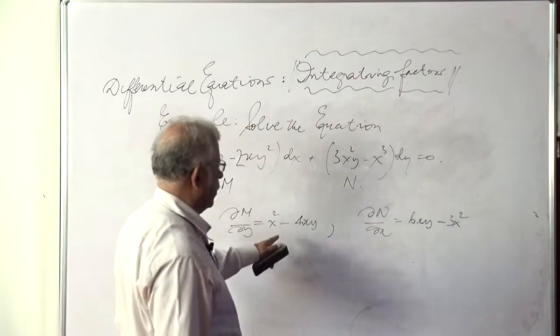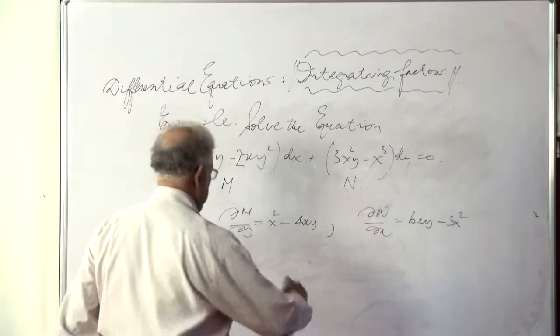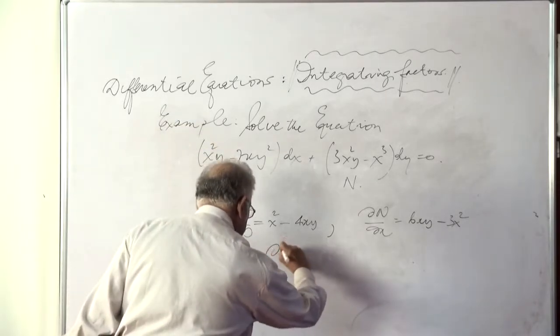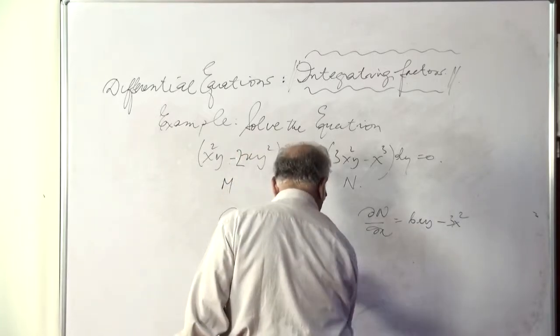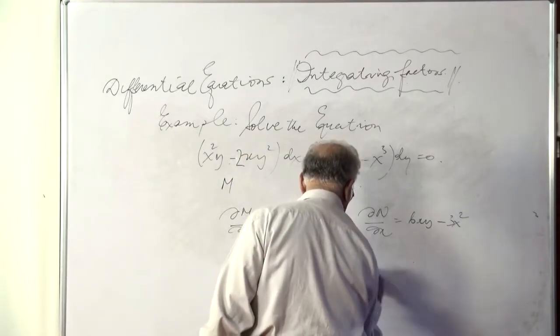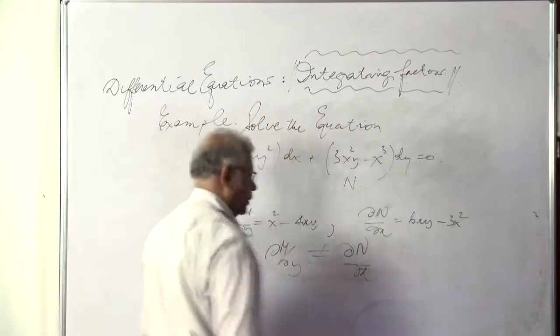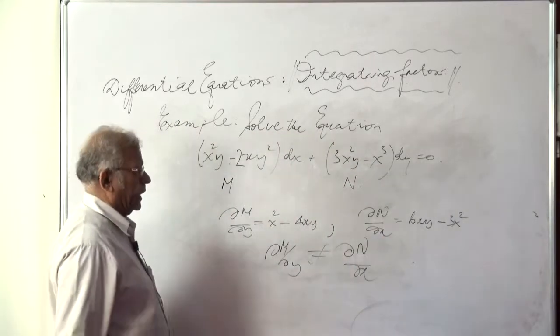Obviously, they are not equal to each other. So, here del M del y is not equal to del N del x, and hence the equation is not an exact equation.